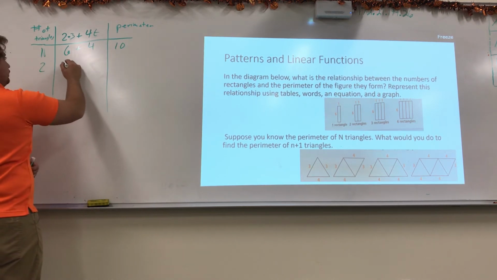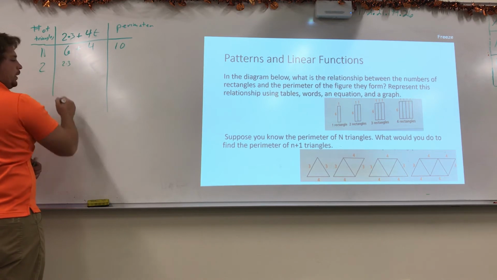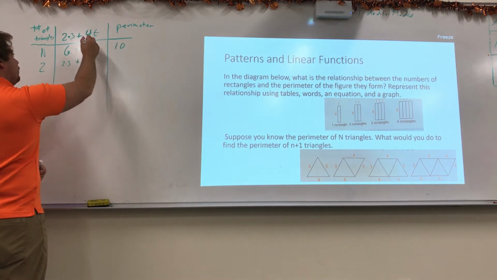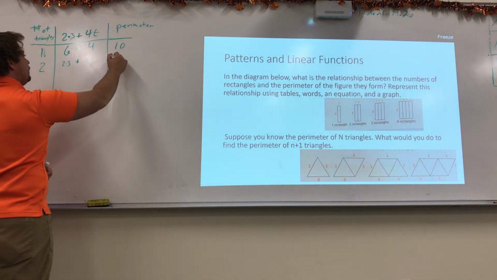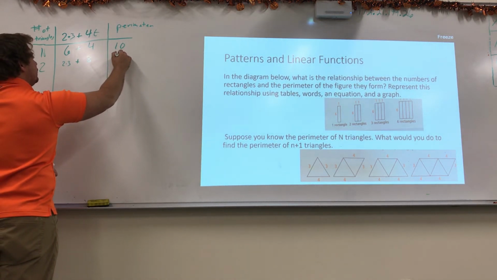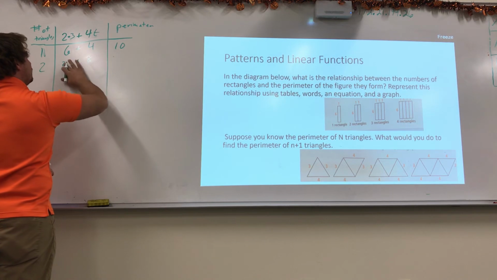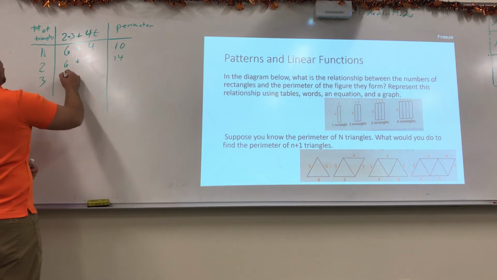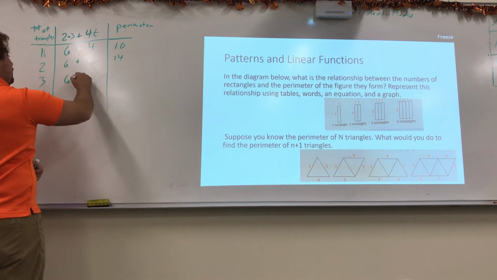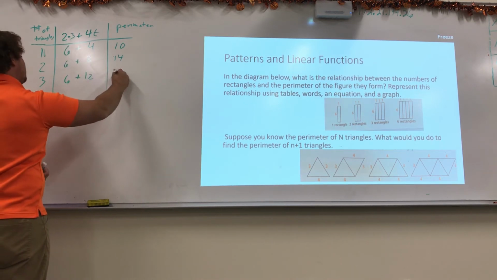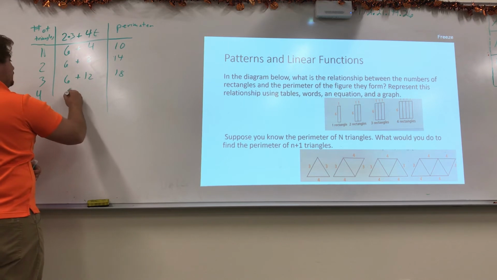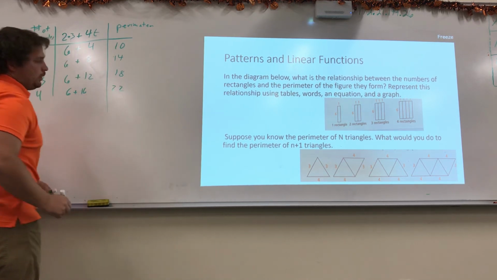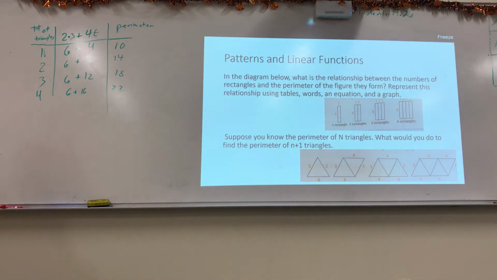Second one, I have 2 times 3 again, and I have 4 times 2, which is 8. Three, I have 6 again from that, plus 12 is 18. 4 is going to be 6 plus 4 times 4 is 16, is 22. So there's my table.